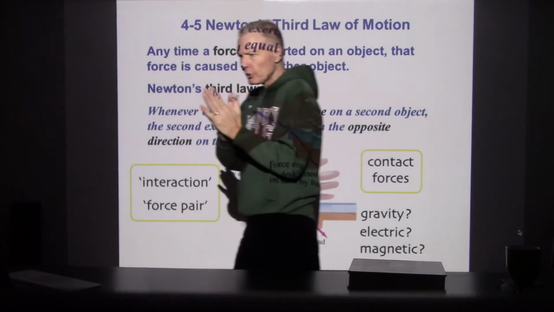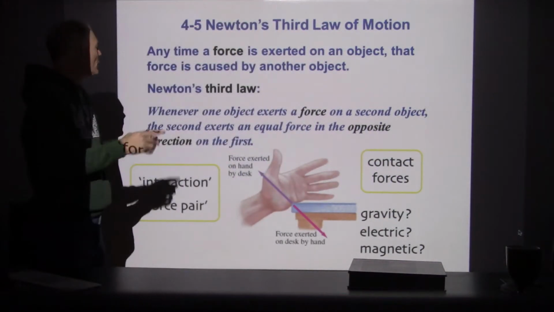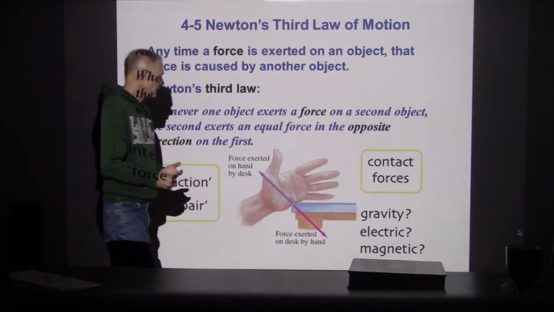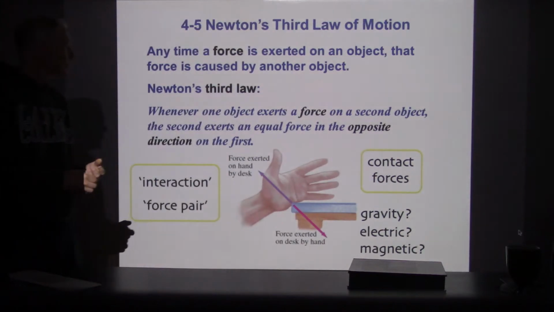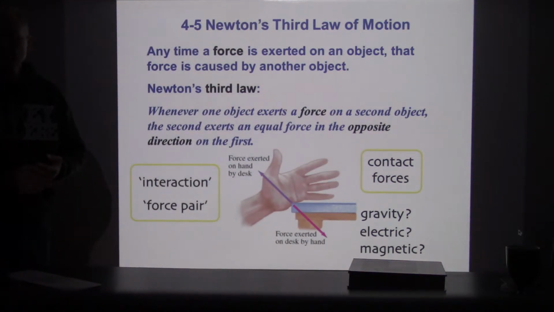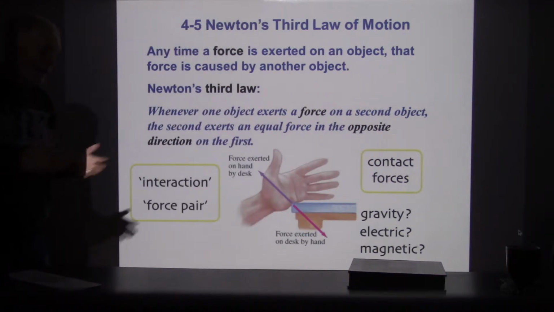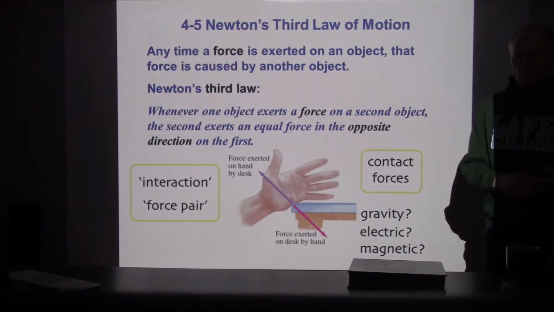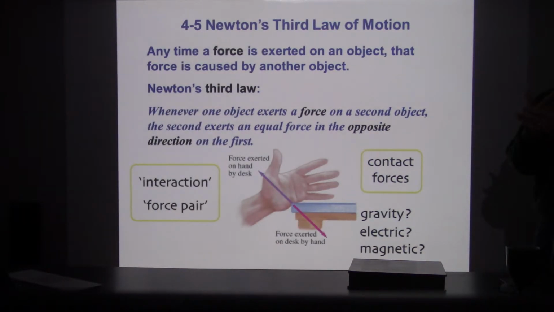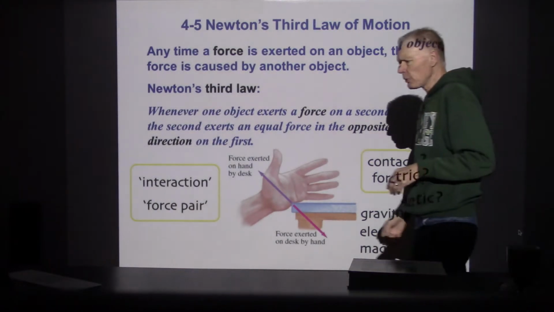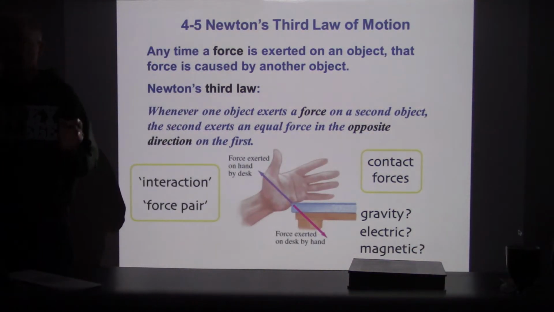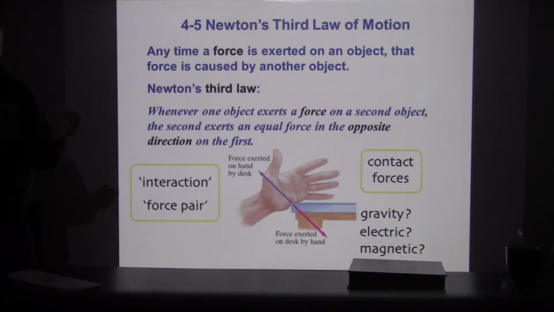So when two objects come into contact, the third law works really, really well for contact forces. And what we had pointed out at the end of the last lecture is that when we look at gravitational, electric, and magnetic forces that act at long distances, these forces are not instantaneous in both directions. For example, we used the Earth and the Sun. If the Sun suddenly disappeared, Earth would continue to feel the gravitational effects for about 8 minutes.